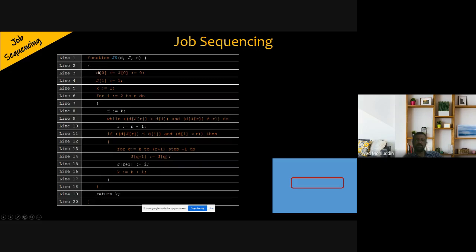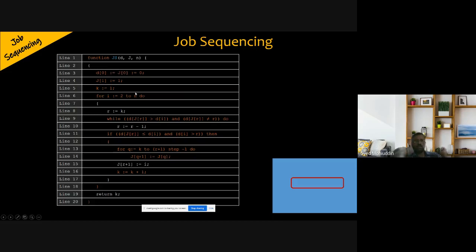D, that is the array, as well as the job, there are n jobs. And D here, deadline means not the deadline of the jobs which are there. This is the deadline through which the jobs can be completed.